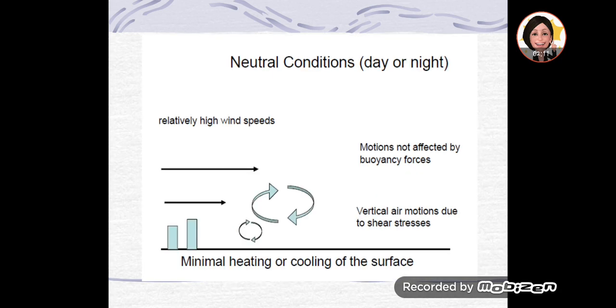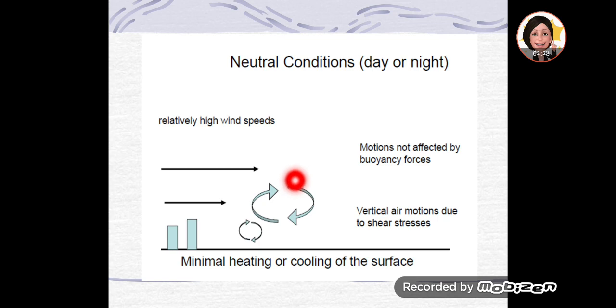Then we can also have neutral condition. What happens in a neutral condition? You can have relatively high wind speed, but the motions are not affected by the buoyancy forces. They are not affected by the vertical air motion due to shear stress.